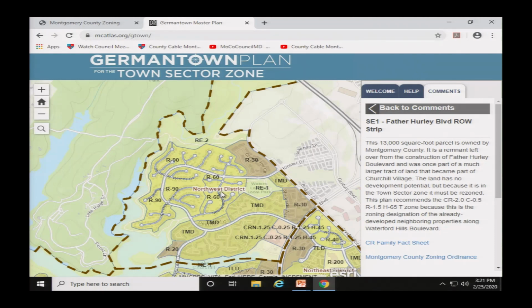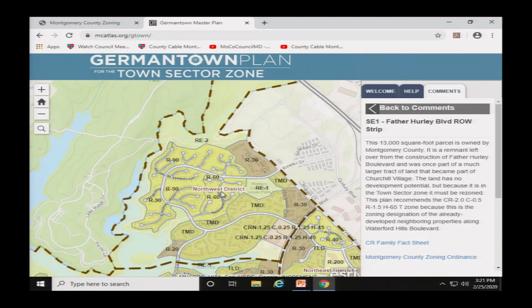Their representative came and gave testimony that they are supportive of the planning board's recommended CRN zoning, that they don't intend to use it for religious purposes, but they are supportive of possibly a residential development on this site. That's number 17 on page 8.